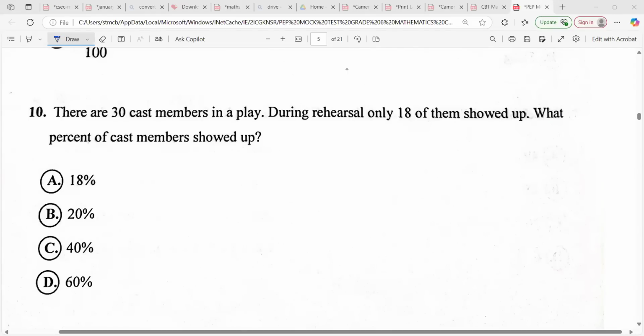All right. There are 30 cast members in a play. During rehearsal, only 18 of them showed up. What percentage showed up?